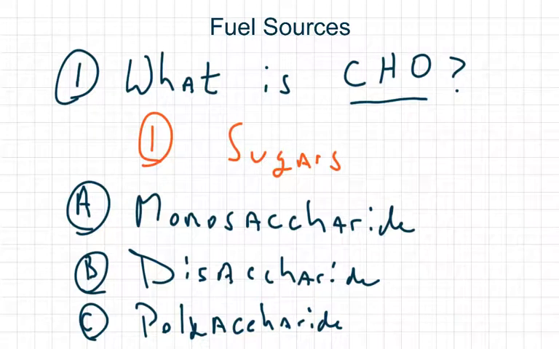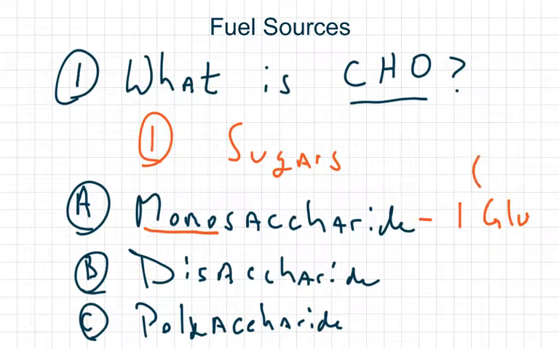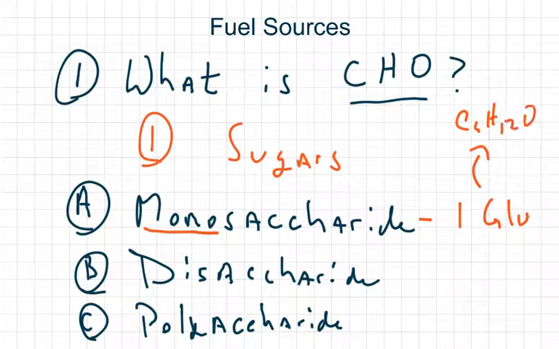Now, the difference between the 3 of these different types of sugars all deals with the nomenclature. The first one, we hear a monosaccharide. Mono means 1. And so all a monosaccharide is 1 glucose unit. So if we go back to our C6H12O6 equation, 1 glucose is a monosaccharide.